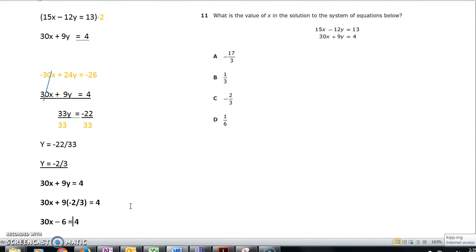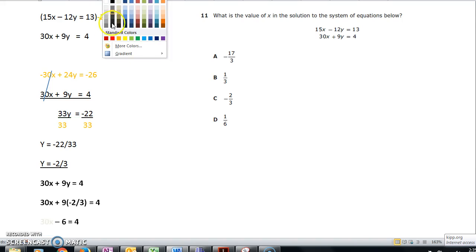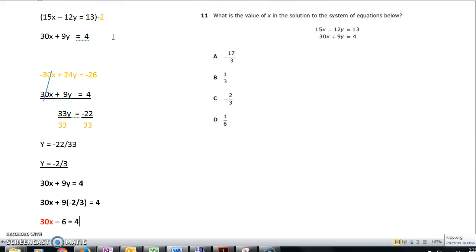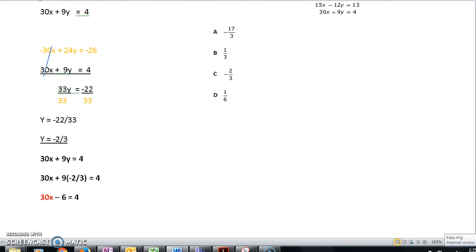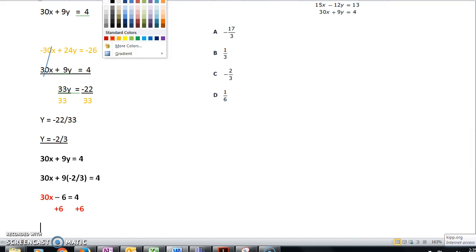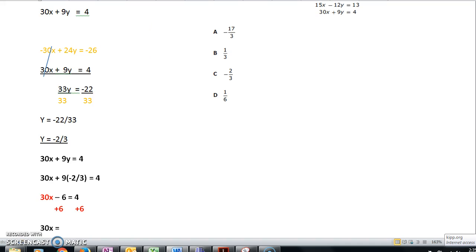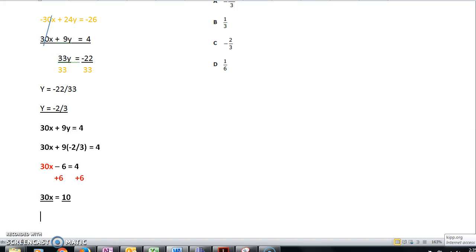And then I'm still solving for x. My goal is to get the x all by itself. So I need to move the minus 6 over. Plus 6. Plus 6. When I do that, I get 30x equals, the minus 6 and the plus 6 cancel out, positive 10. Divide both sides by 30, because I want the x all by itself.